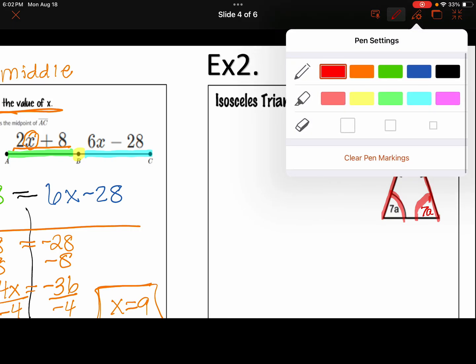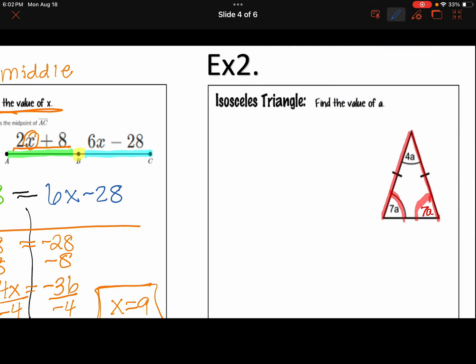And then I know that all triangles, so the sum of the angles of a triangle will always equal 180 degrees. So now I can go through and I can say, okay, 7A plus 7A plus 4A equals 180 degrees.